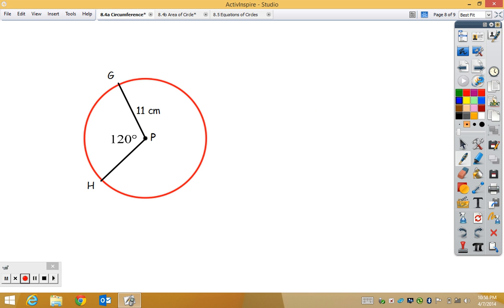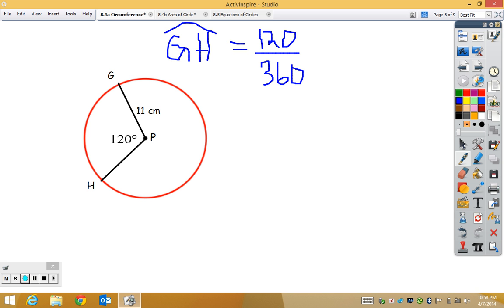Okay, one more example. We want to find the arc length of GH here. And we're given the angle 120 degrees, so GH equals 120 over 360. And then we multiply that by 2 pi times our radius, which is 11.